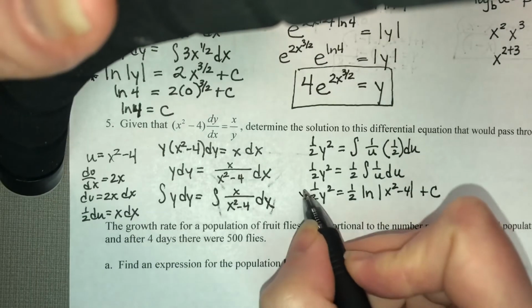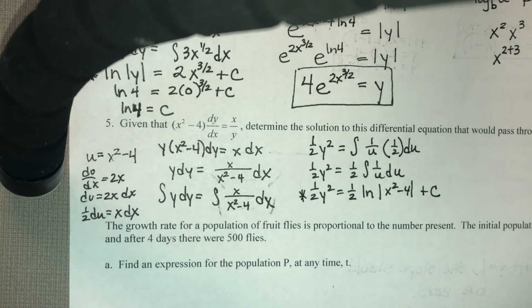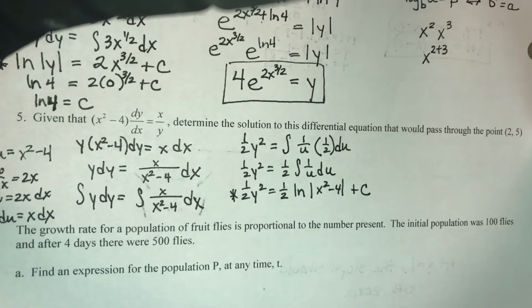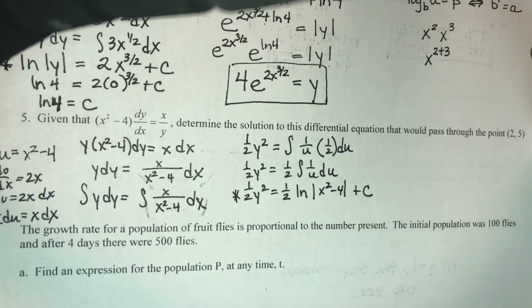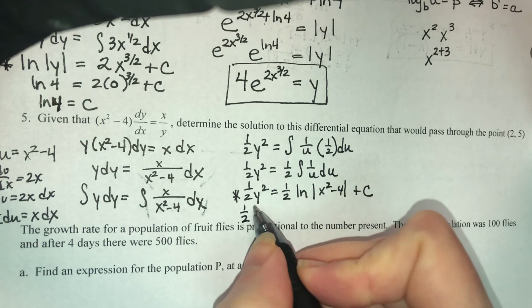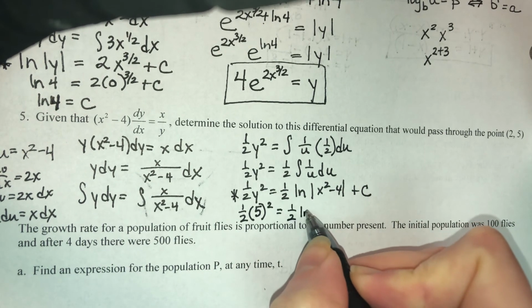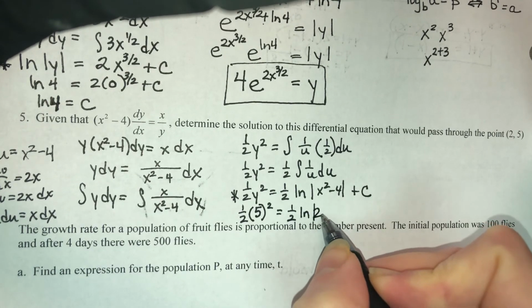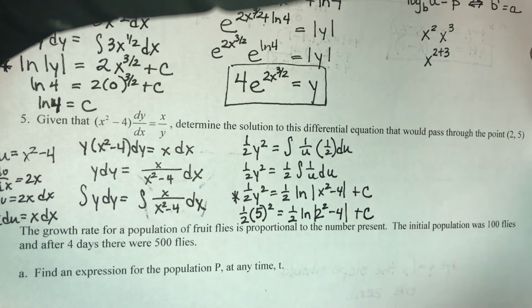So this is integrated. We're going to sub in our point, (2, 5), 2 for x, 5 for y. So 1/2 times 5 squared equals 1/2 natural log absolute value 2 squared minus 4 plus c to solve for c.